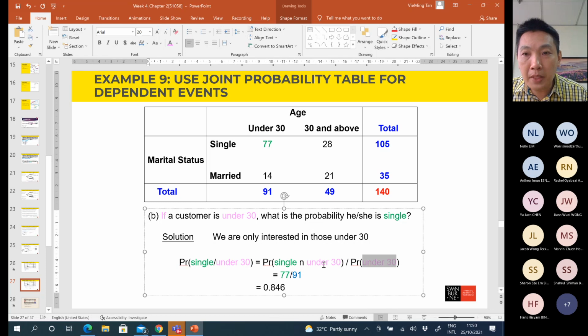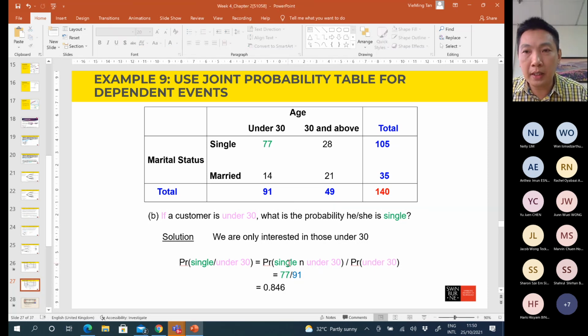If I try to extend it, it is this one, because age and marital status are dependent events. So this is the meaning.